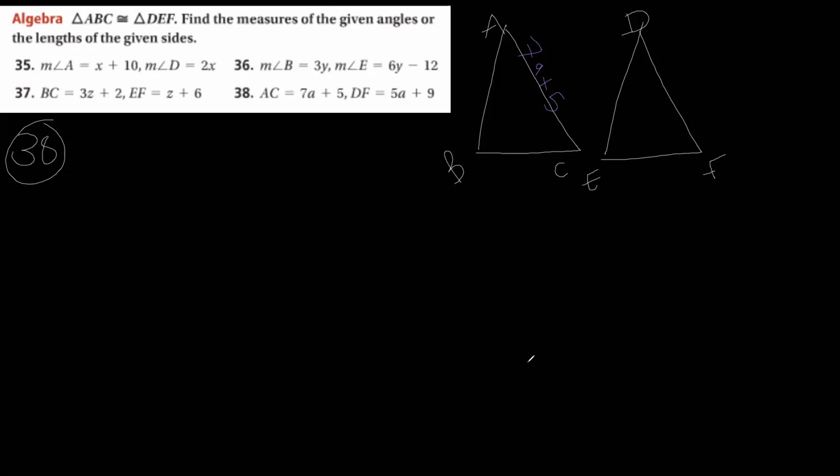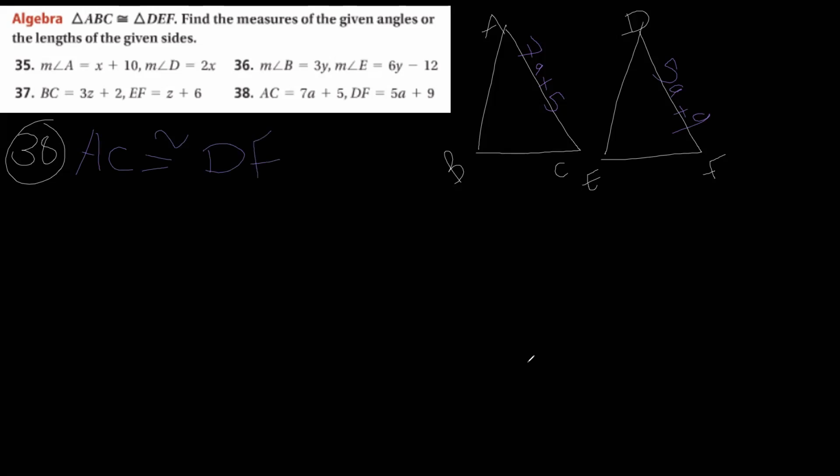Now, here he told me that AC is 7A plus 5 and DF is 5A plus 9. And since both of the triangles are congruent, what does it mean? That AC is congruent to DF.